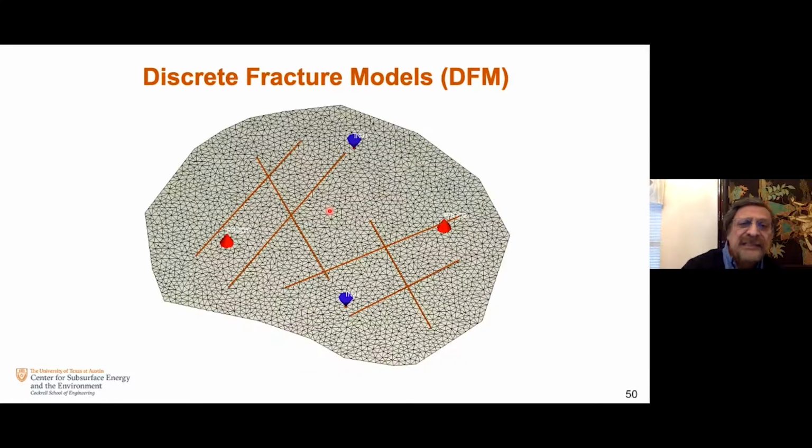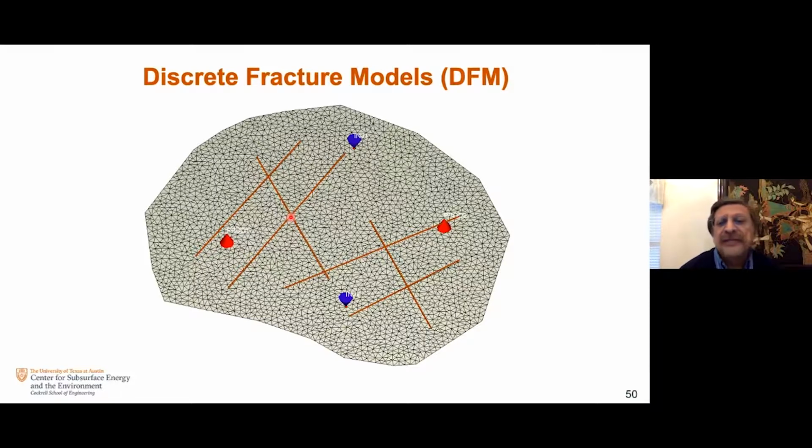This is some of the work that we've done in here. This was work done by Professor Marcondes, and as you can see there, I'm using the same base grid, and then I model the fractures as a very narrow grid, so I have one set of grid that handles both the matrix and the fractures.